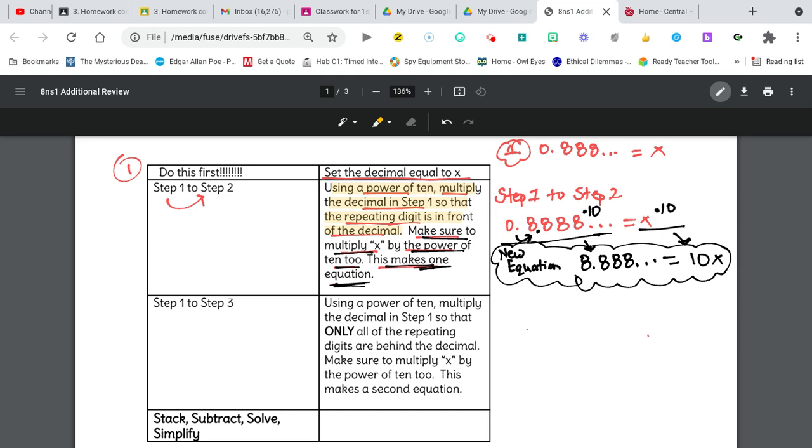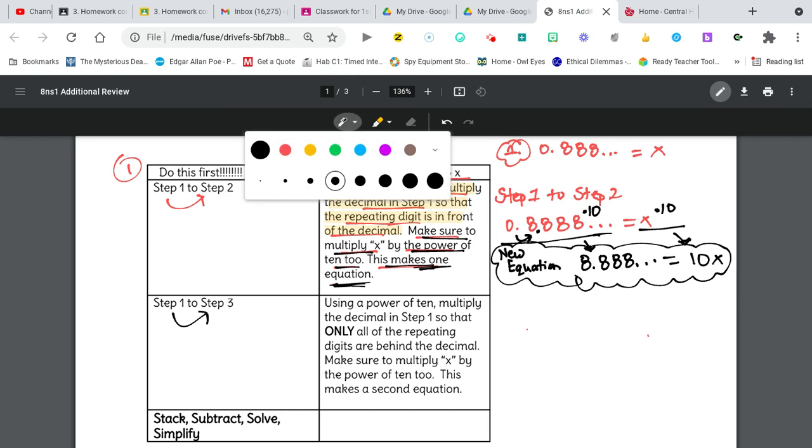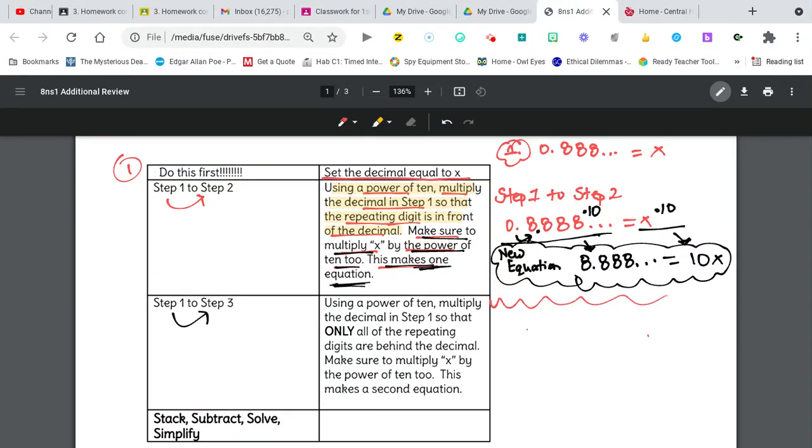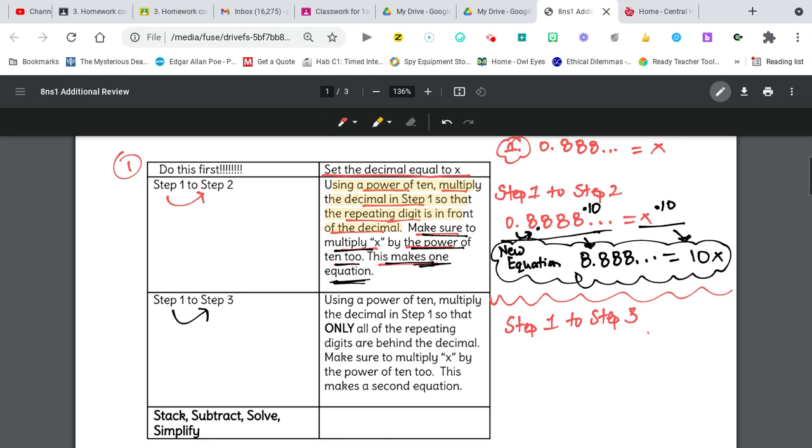So now go on from step 1 to step 3. And I'm just going to color code these guys. I've done that. So now I want to move from step 1 to step 3. This is step 1, guys. That was the equation in step 1.